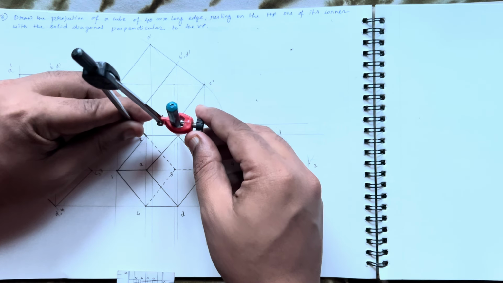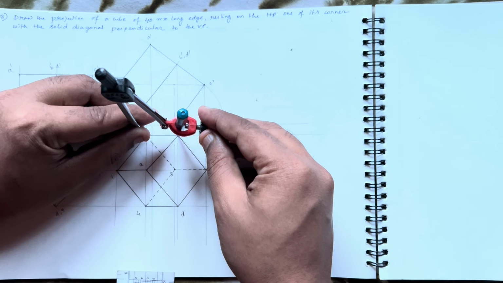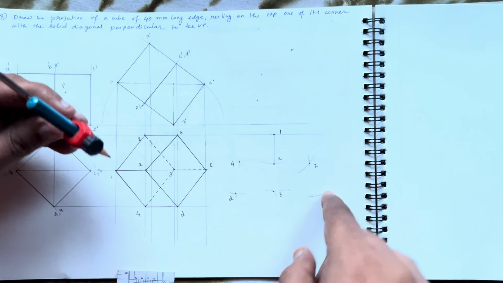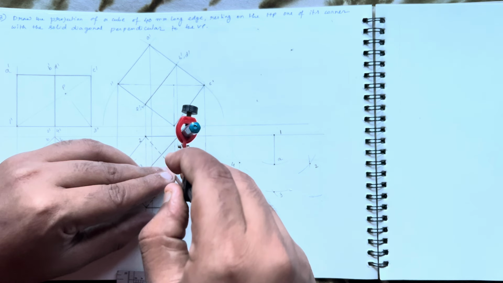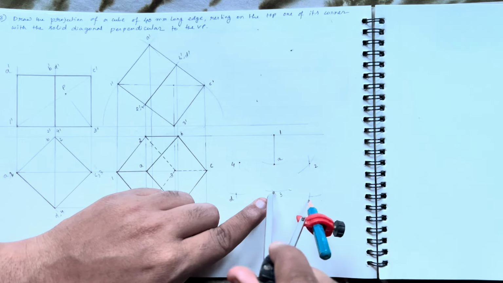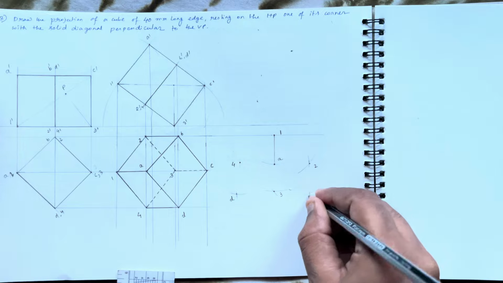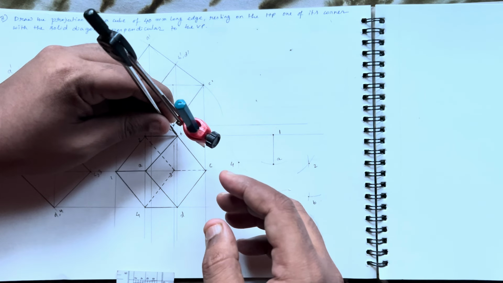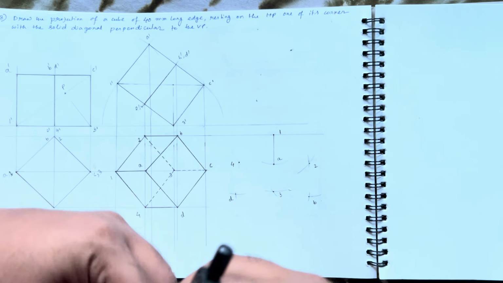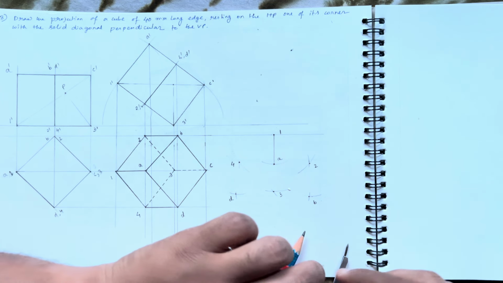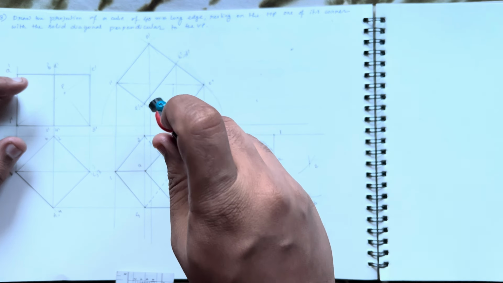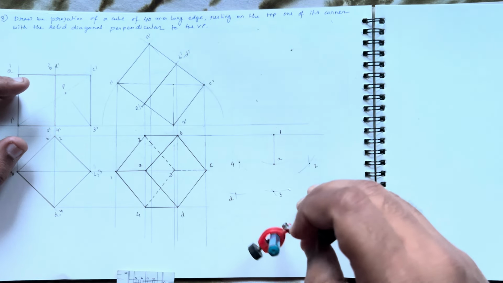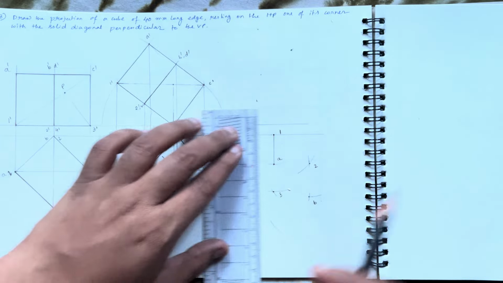So this is your B, and if you put 2 and 3 to B, so this point is your B. Now for point C, just measure it and point it here, and extend this line.